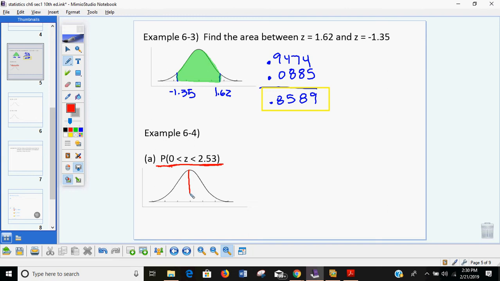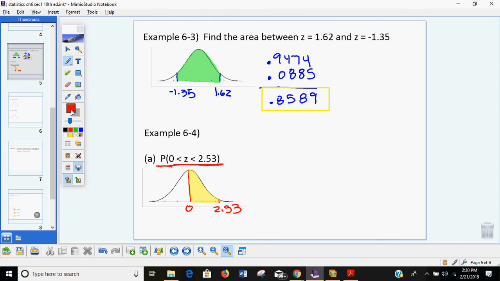I'm going to put 0 here and 2.53 over here. And they want to know what is the area, the probability is the area here that's between. So when I look these up and I subtract, I'm going to get the answer the same way I did on example 3. It's just asked a little bit differently.